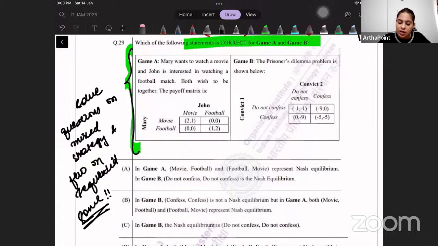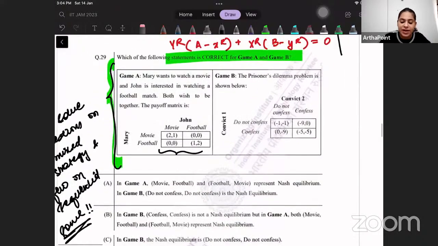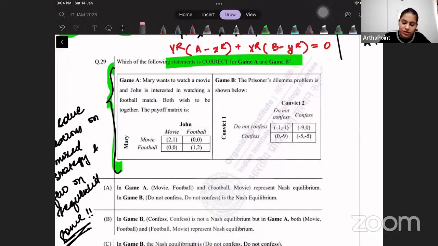Right? Okay, let's come to this game. Actually, this is the battle of the sexes game. We already know how to solve it. When Mary goes for movie, between movie and football, 1 is greater than 0, so payoff is 1. When Mary goes for football, 2 is greater than 0, so payoff is 2.